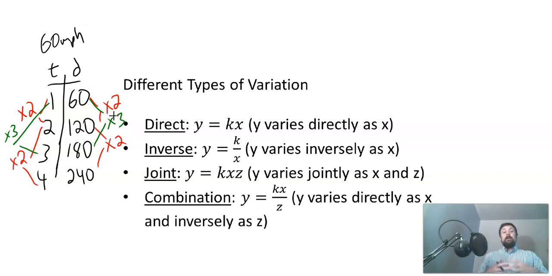That is what direct variation is. That's the relationship that is the essence of direct variation. When you change x by a certain factor, meaning doubling, tripling, whatever, it causes y to change by that same factor.